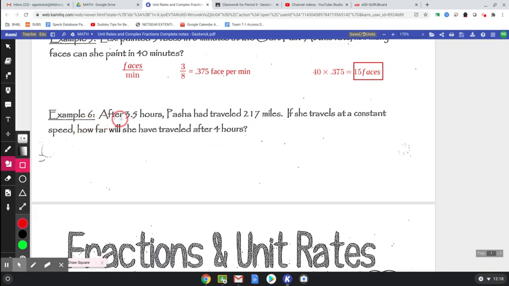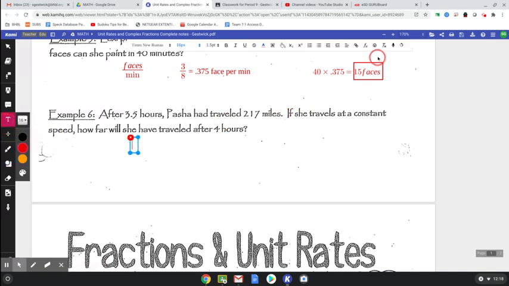Okay, example 6. After 3.5 hours, Pasha had traveled 217 miles. If she travels at a constant speed, how far will she have traveled after 4 hours? So we got to figure out how many miles per hour she is going. So let's set that up. And have you noticed I start setting up with the words.